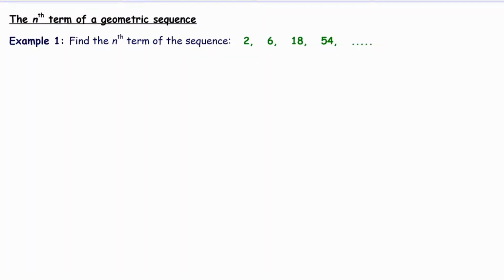Okay. How do we find the nth term of a geometric sequence? Suppose we are given the following geometric sequence. Of course, the first step is to find the common ratio. And we can see that the common ratio in this case is 3. Let's do some inspection. By inspection, the first term is 2.